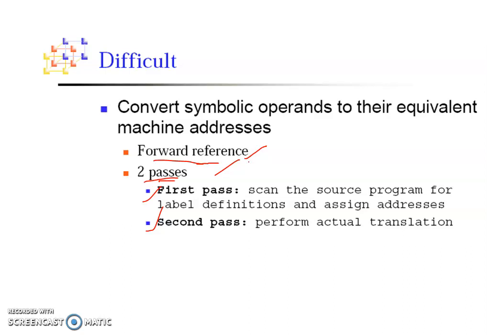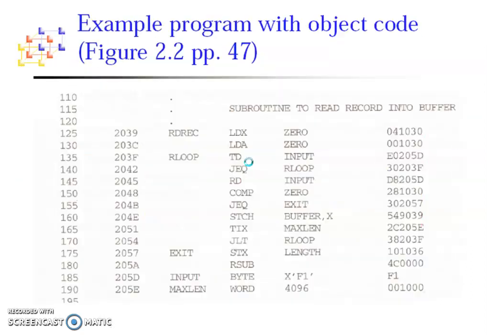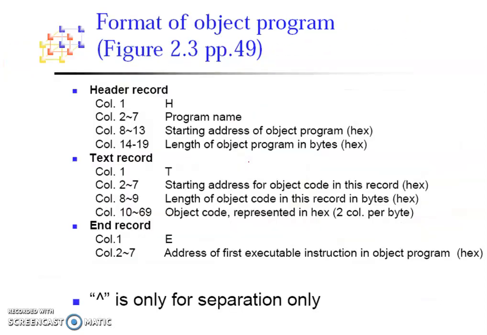Opcodes will be translated to the machine equivalent in the second pass, and it also follows some structure like this: header record, text record, end record. So it has a structure in which the header record will be having 19 columns, each dedicated for H, program name, starting address of the program, length of the program.